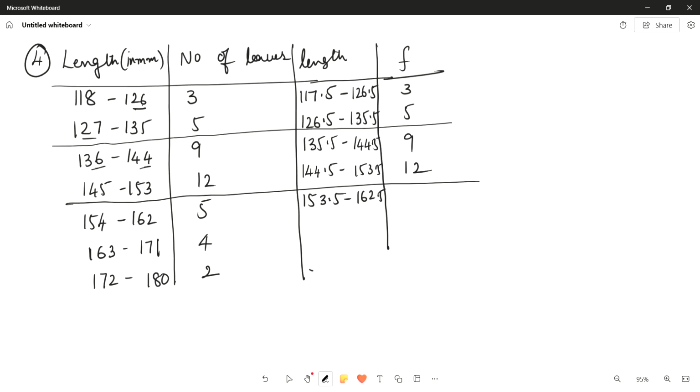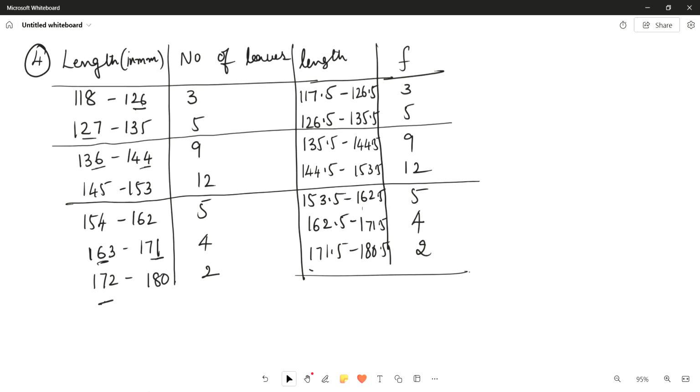Okay. Again in this, if I subtract 0.5, I'll get 162.5. Add here in the upper limit, you will get 171.5. So for this 5, it is 4. Again here 172 minus 0.5, you will get 171.5. Here 180.5. This is 2.